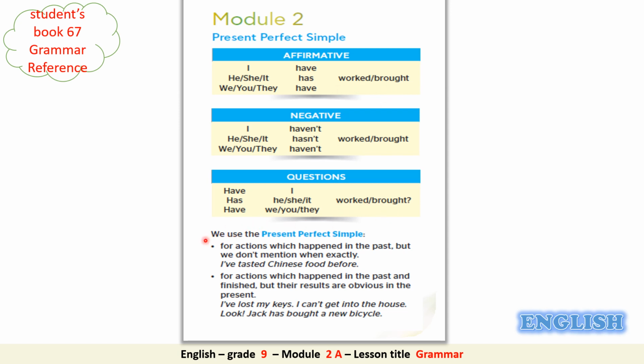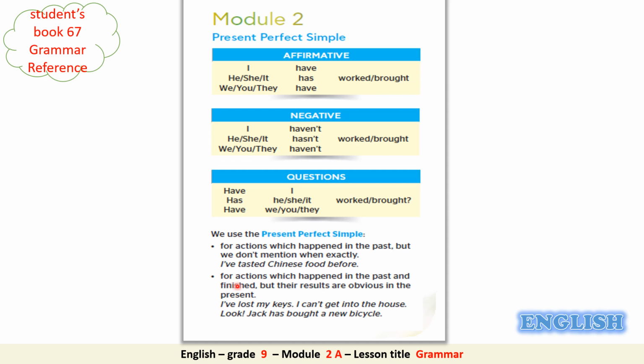Now the uses of present perfect simple. We use the present perfect simple for different uses, one of which is for actions which happened in the past but we don't mention when exactly. For example, I have tasted Chinese food before, but here the speaker is not telling us when he tasted the Chinese food.